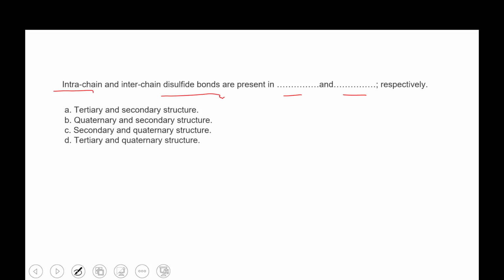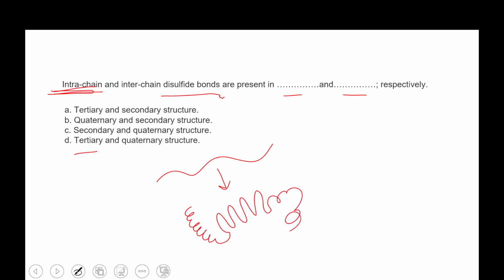If it has been asked in the sense of tertiary and quaternary structure, for intra-chain, there is a polypeptide forming helices, loops, and sheets. This is the secondary structure.